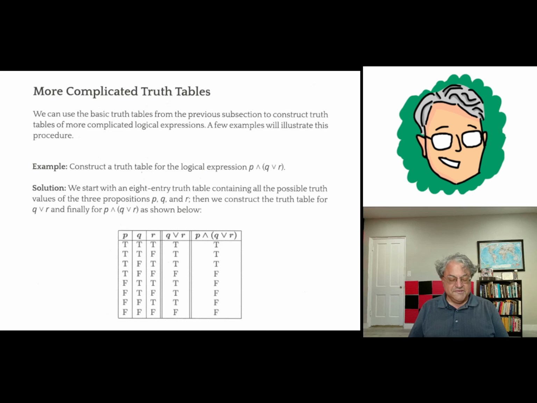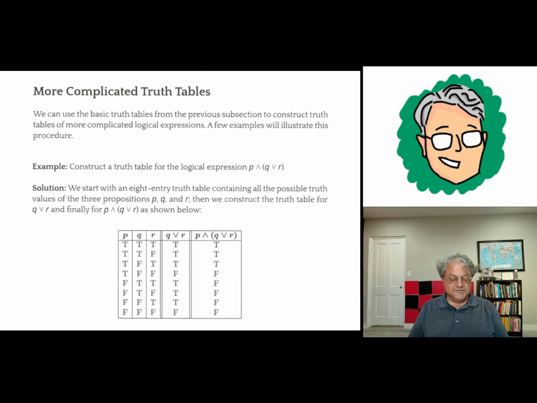So Q or R is easy. I mean, we did that last time. Q or R is true if and only if either Q is true or R is true. And I think you can see that there's 6 out of 8 possibilities for that. The only cases in which Q or R is false is if both Q and R are false, and these don't care about P, so P could be either true or false.